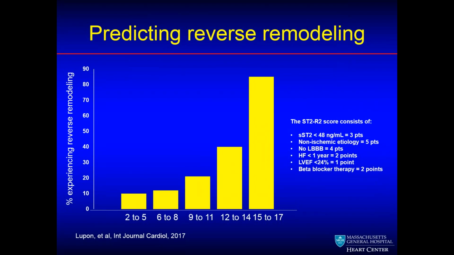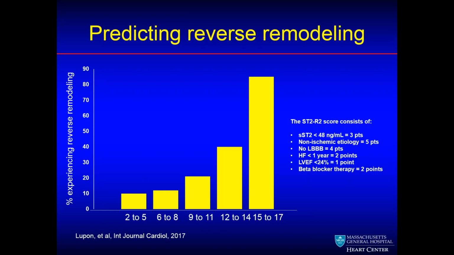So if you look, there are independent predictors of remodeling, including ST2 as well as other clinical variables, non-ischemic heart failure, clearly associated with reverse remodeling, absence of conduction disease, a short time of a heart failure diagnosis. Lower ejection fraction is more likely to show some degree of reverse remodeling once therapy is initiated, as well as, of course, therapy, such as beta blocker therapy.